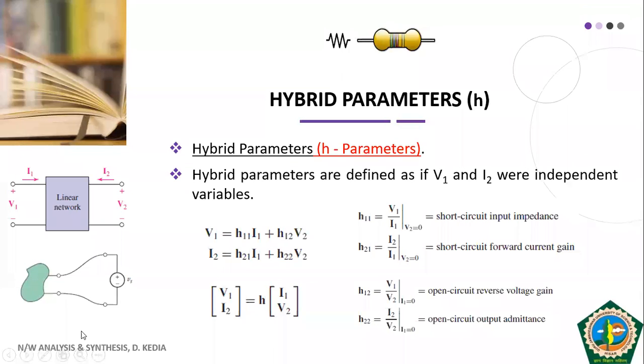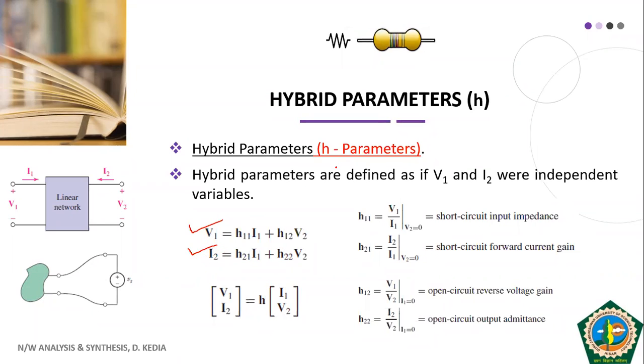So let us now define H parameters equations. So these are the two equations. Here also you can very clearly see that on the left hand side we have V1 and I2. V1 is the voltage at the input port and I2 is the current at the output port. Whereas in case of your Y parameters, both these values were I1 and I2, and in case of Z parameters, these were V1 and V2.